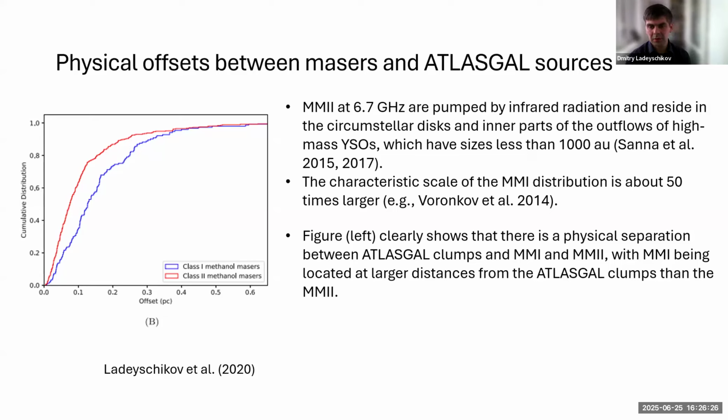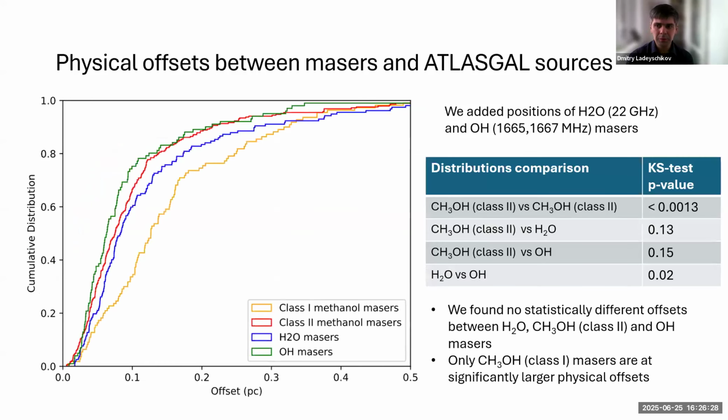and are found in distant parts of outflows. We repeated this analysis for OH masers, and also for H2O masers, and we found that there is no statistical difference between OH, class II methanol and H2O. So all these three species come from the same place, and only class I masers are far away.